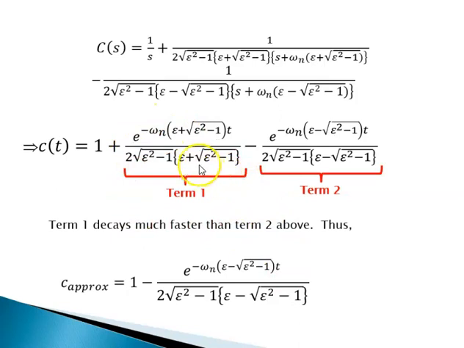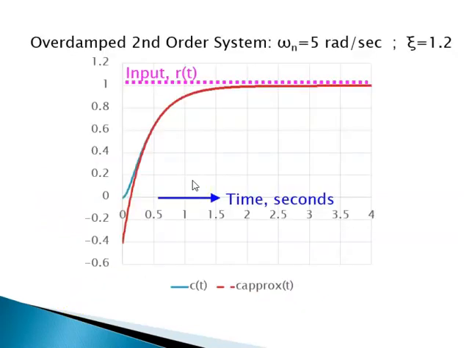Because term 1 decays much faster than term 2, we can omit it and say the approximate response is given over here. We will show both this exact response and approximate response in one picture plotted over here.